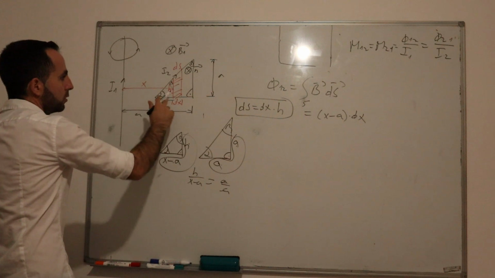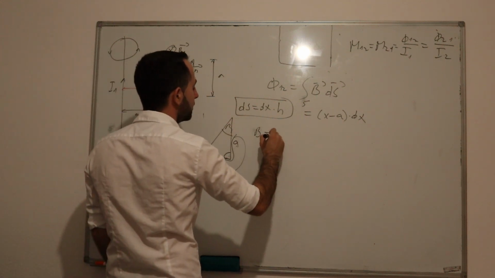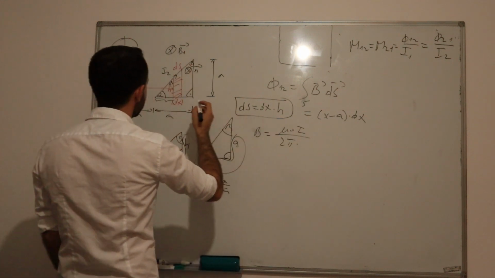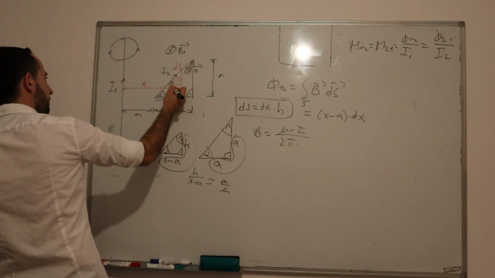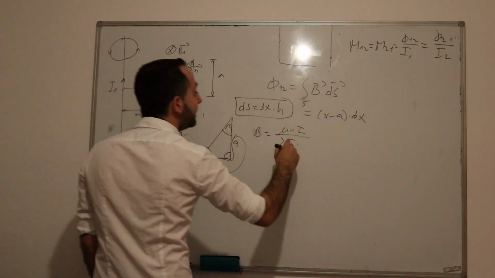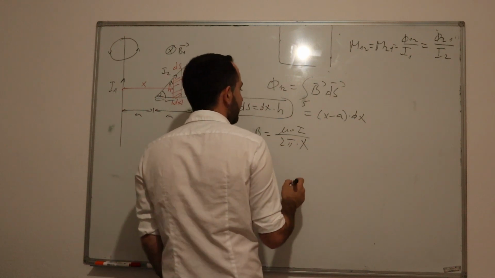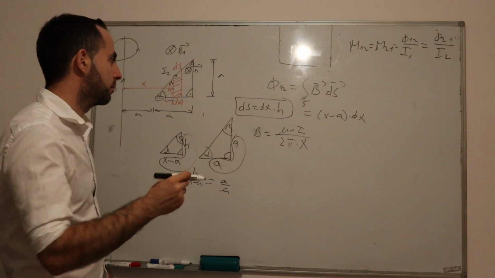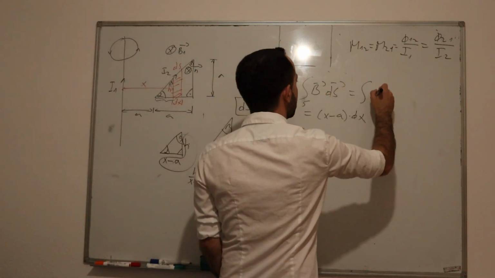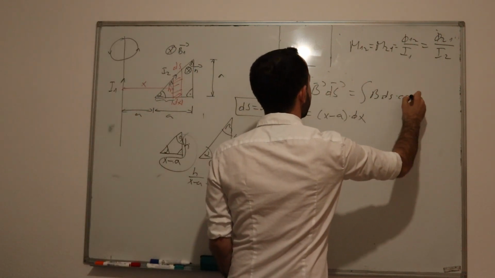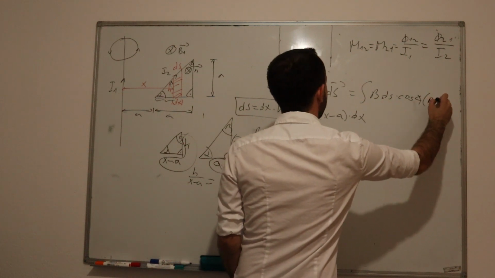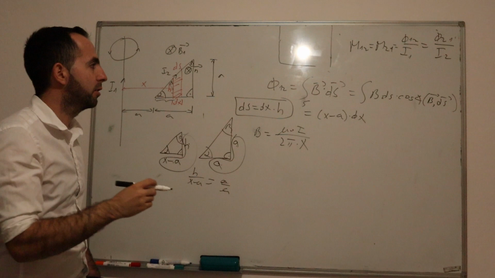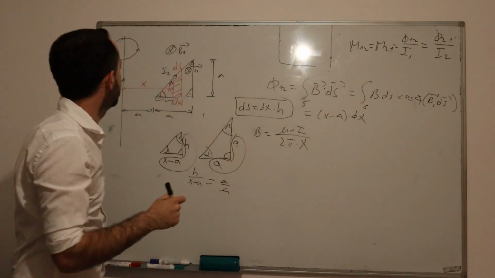Our B, we know, for an infinitely long conductor, is mu0 I divided by 2 pi times the distance, but here we chose that the distance is x. We write it as x. Another thing we need to do is, this is the integral of B dS times the cosine of the angle between B and dS, because this is a dot product of two vectors. What is the angle between these two?